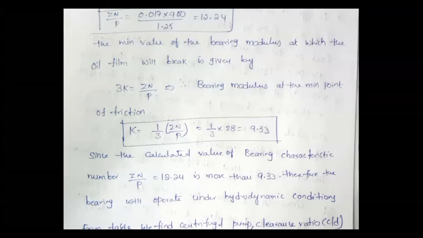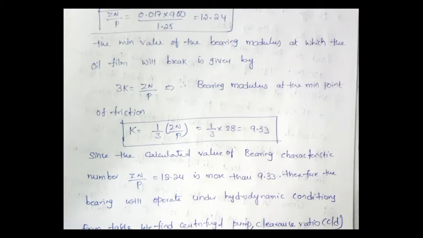Very important conclusion. First, calculate the Zn by P value according to your given data. Then go through your data book and check your Zn by P value. Now calculate the bearing characteristics number. Then compare these two values, whether it is more or less. If it is more, then it is a hydrodynamic condition.